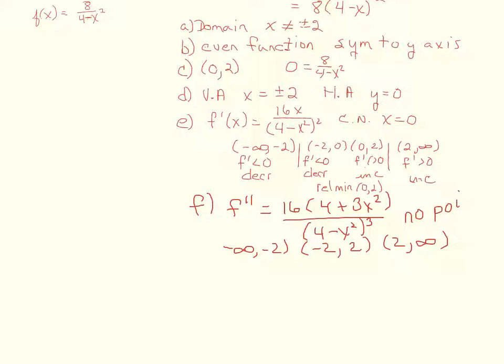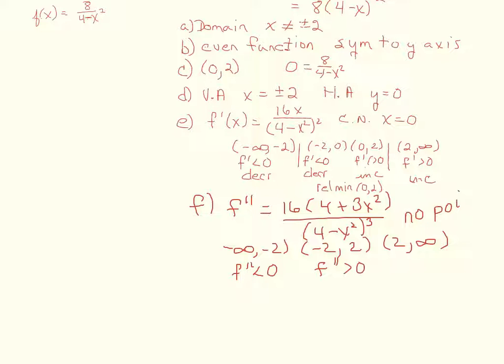All right, now the denominator could change. The numerator will always be positive, so we only have to worry about what we're putting in the denominator. If I put in anything that's less than -2, I'm going to get a negative number in the denominator. If I plug in a 0, it's going to be positive. We're plugging into the second derivative.